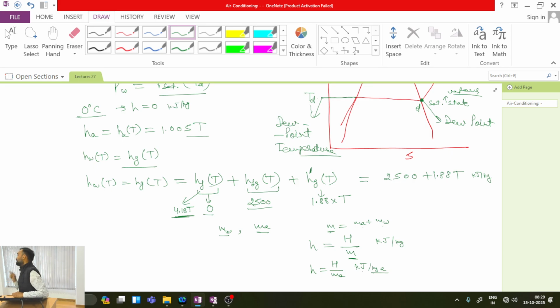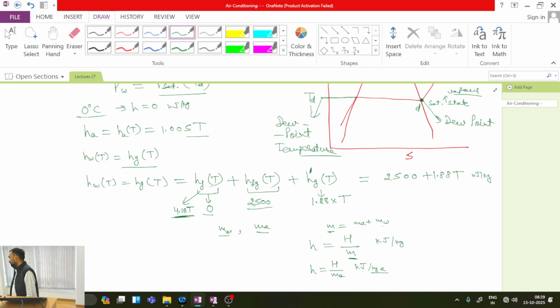So it means that this mass M in the air conditioning equipment will always be variable. It will depend upon the amount of MW at any point of time within the equipment. However, the mass of dry air which we are handling always remains constant. That is the reason the properties of moist air are specified per unit mass of the dry air.